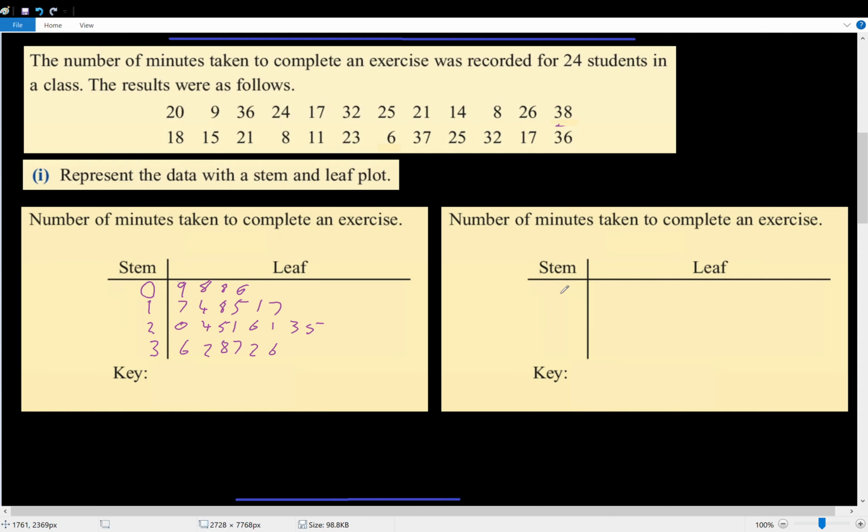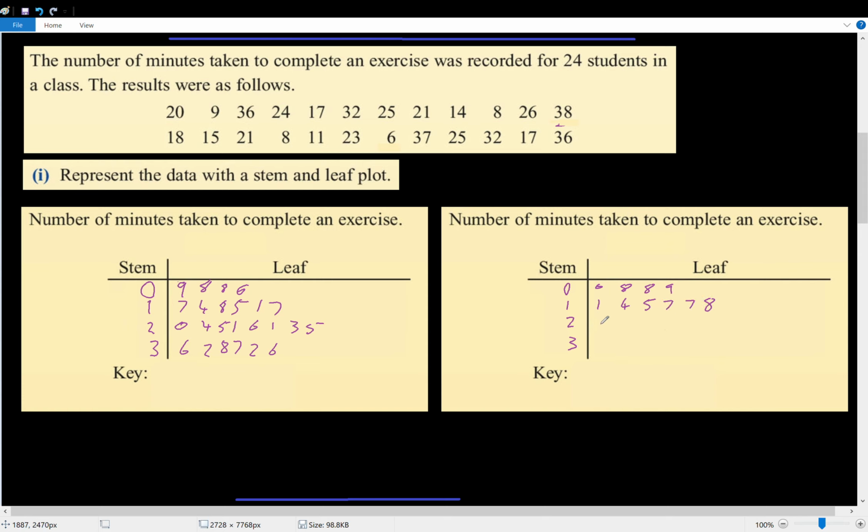And now when we're putting them together in order, I'm just going to tidy them up a bit. So the zeros are going to be 6, 8, 8, 9, in numerical order. The 1s are going to be 1, 4, 5, 7, 7, 8.